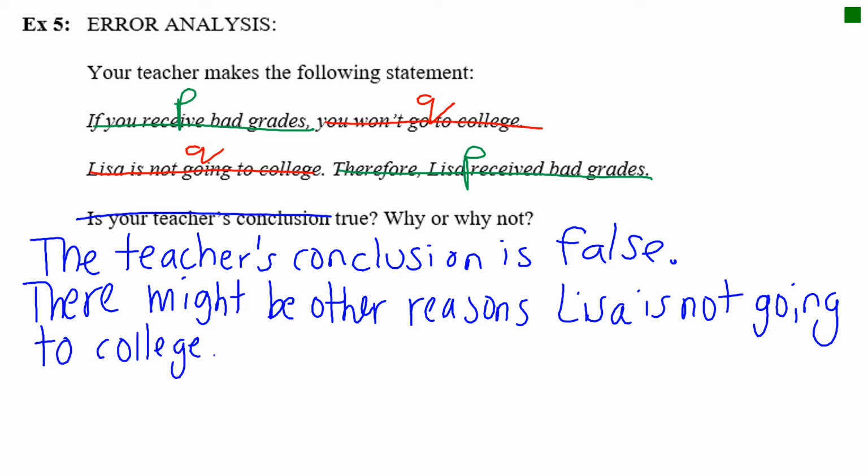And then just to further back up our statement, we're going to give an example. So, for example, she might have decided to take a year off. Okay, we don't need every single possible explanation for it, just one to show that it doesn't necessarily mean that because she's not going to college, she got bad grades.